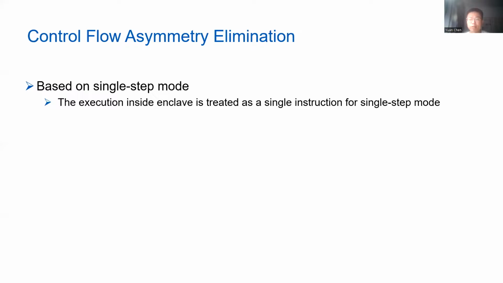That inspires us to consider that if we enable the single-step mode before getting into the enclave, then when the execution decides to exit the enclave, a single-step exception would be triggered. Then that gives us a chance to check whether the jump target is valid.